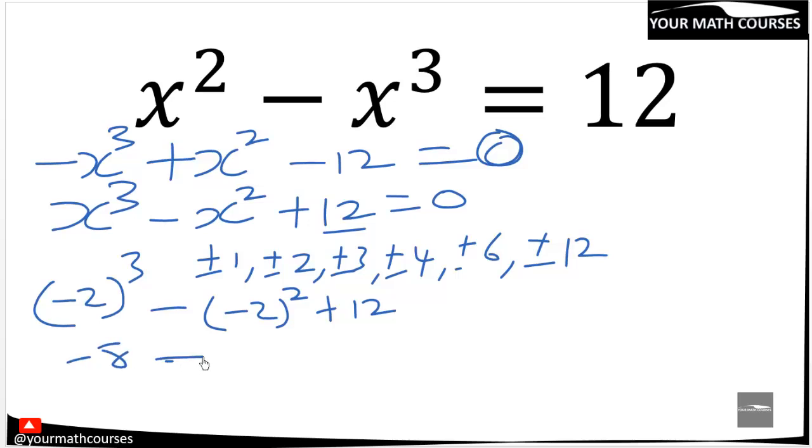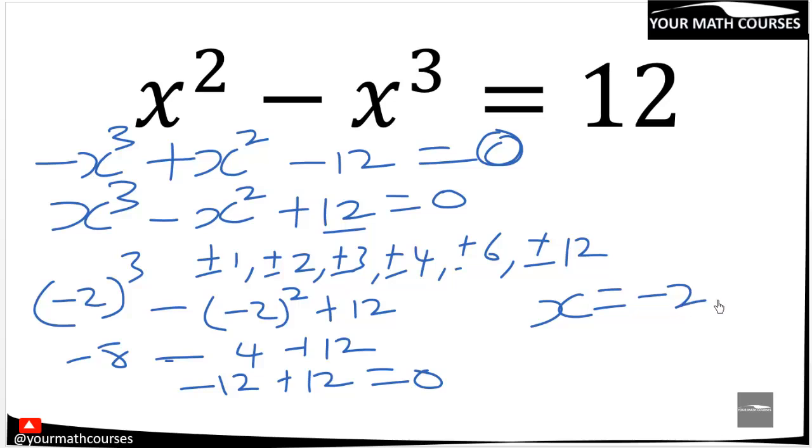Then we have minus negative 2 squared, which is 4, plus 12. So this will give us negative 12 plus 12 equals 0. So it means one of the rational roots is negative 2. So x equal negative 2 is one of the real roots.